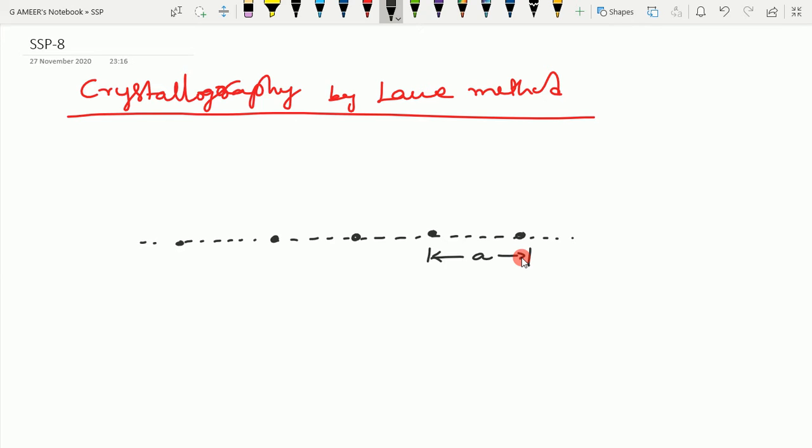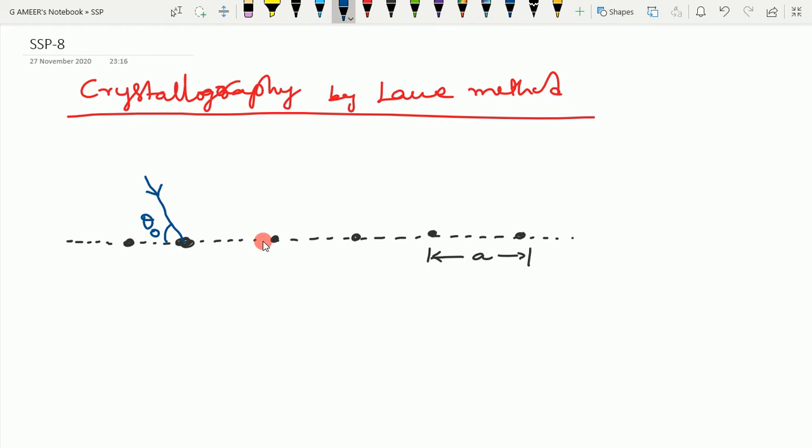Let's say a ray of light is coming in this direction and falling here. A ray of light is incident from here, at some angle theta naught, the glancing angle.